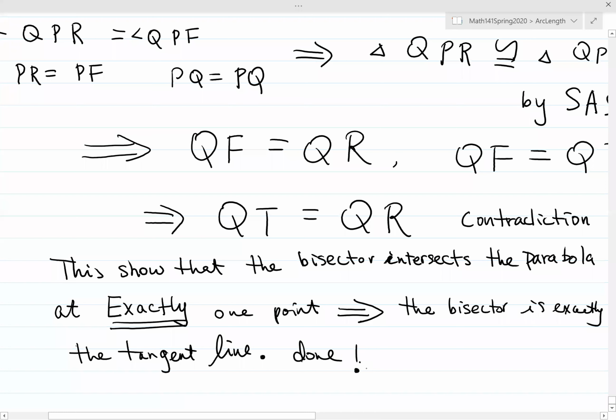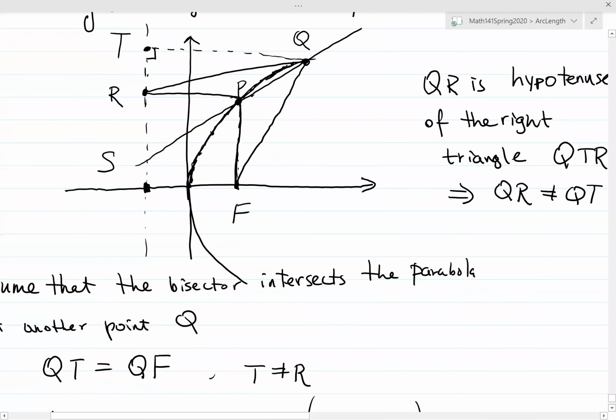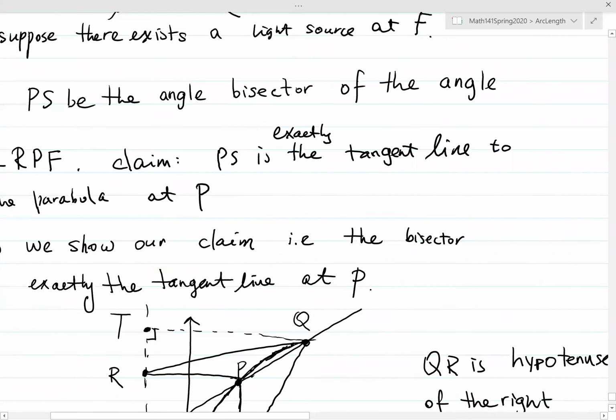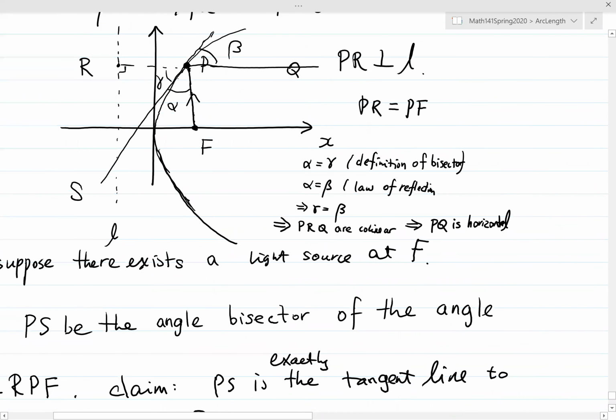OK. Then we know if we put a point light source at the focus of this parabola, then when the light is reflected, the light will be parallel. So you get a parallel light in this manner.